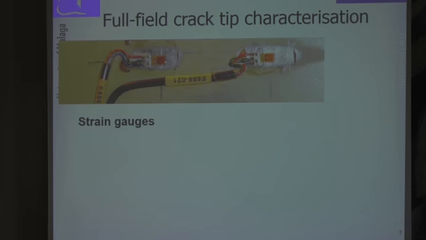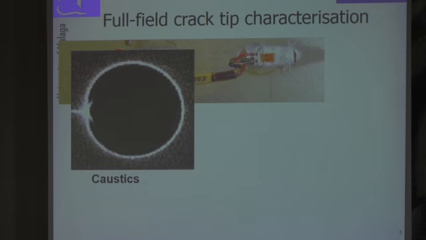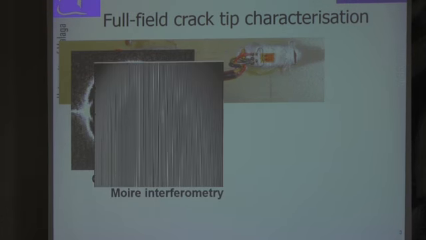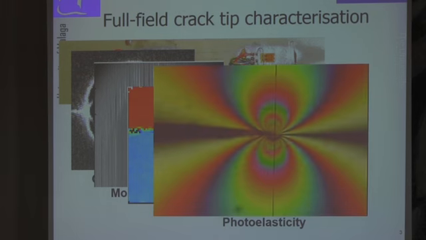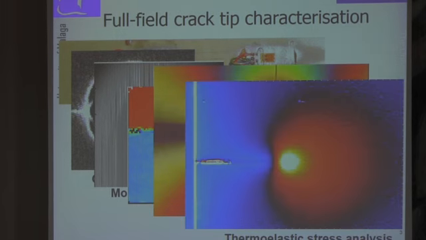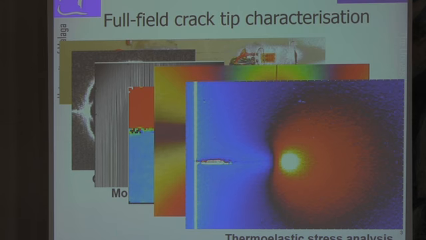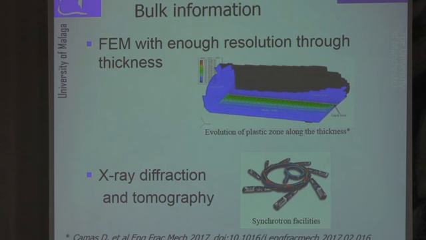So instead of that, they started using other full field techniques like caustics, Moiré interferometry, photoelasticity, speckle interferometry, thermoelastic stress analysis, that give us a whole full field of information, and this information can come in terms of displacement, strain, some type of stress or some stress invariant. But the problem is that we get all this information on the surface.